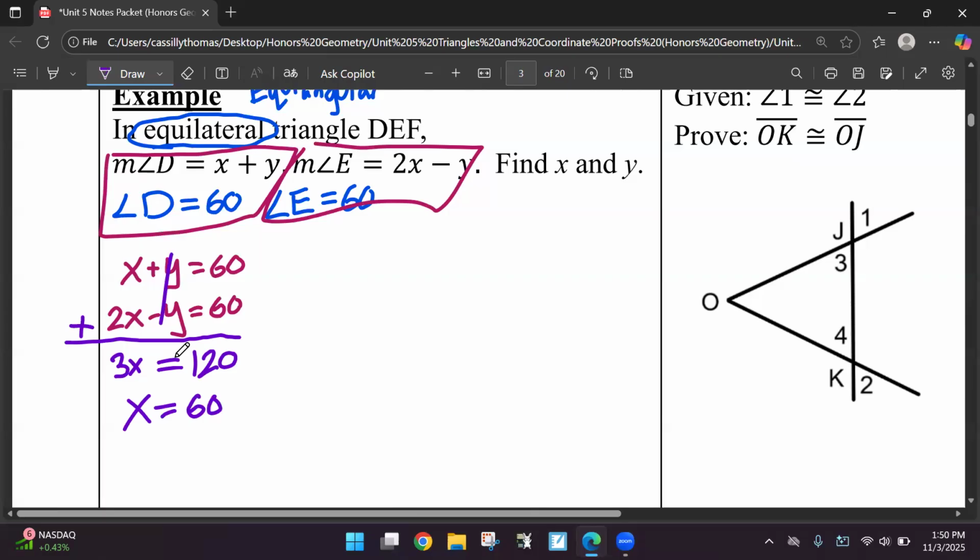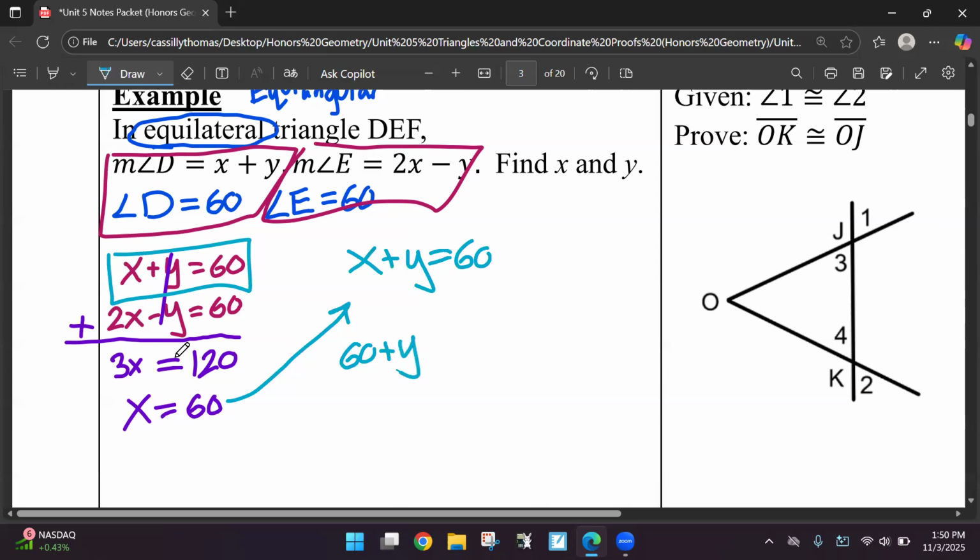Now, pick one of the angles. Doesn't really matter. I think the top one is a little bit easier, a more simple equation, so we know x plus y equals 60. All right, and then just plug that in. We have 60 plus y equals 60, and then solve it, right? y equals 0.